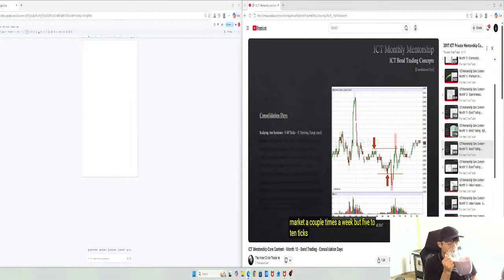But the 5 to 10 ticks, we can see if the opening range is small, as we learned in the first lesson of this topic of bond trading. What's small? Well, if you look at an opening range of 12 ticks or less, generally you'll have an expansion move of some kind, and it may just blow out a previous overnight high or low.